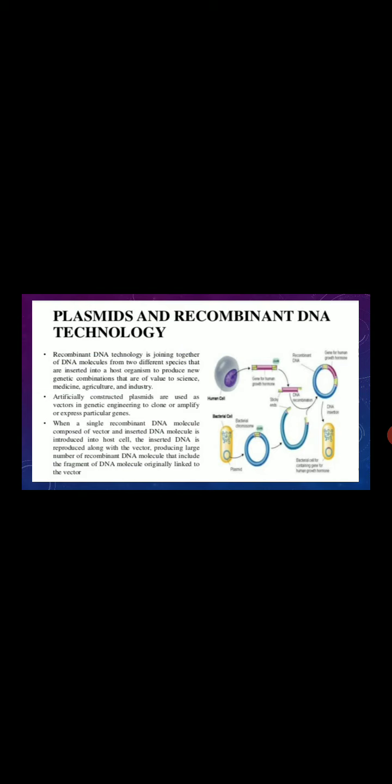Artificially constructed plasmids are used as vectors in genetic engineering to clone or express particular genes. When a single recombinant DNA molecule composed of vector and inserted DNA molecule is introduced into a host cell, the inserted DNA is reproduced along with the vector, producing a large number of recombinant DNA molecules that include the fragment of DNA molecule originally linked to the vector.